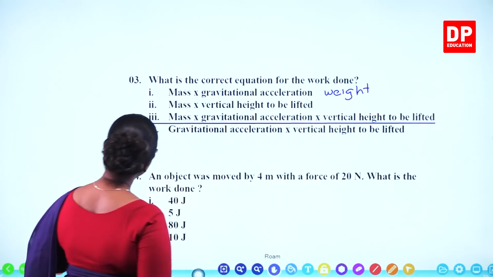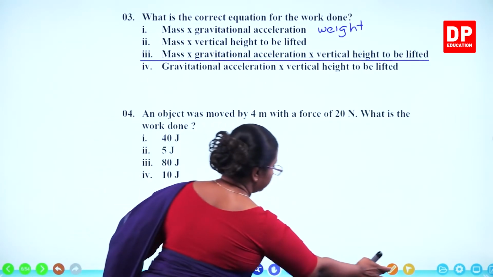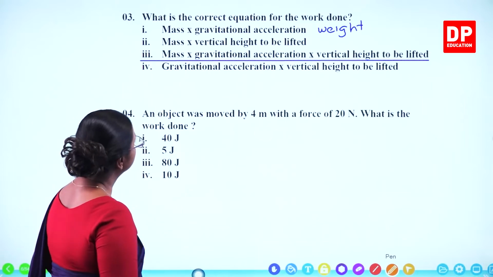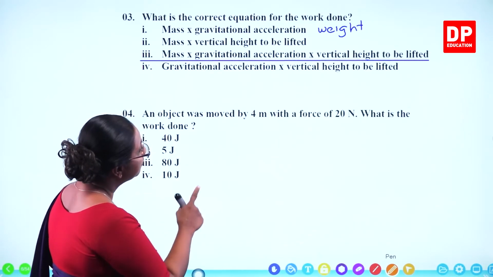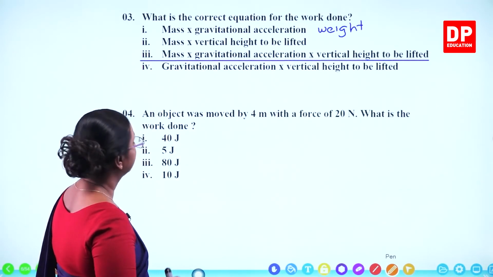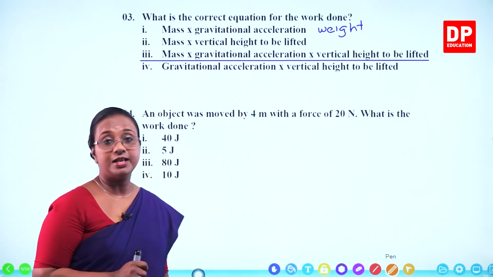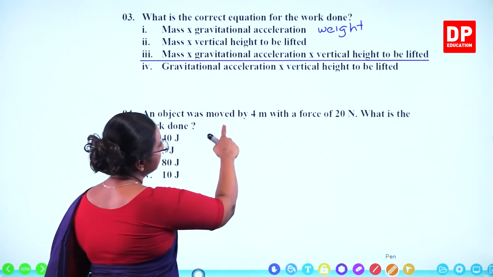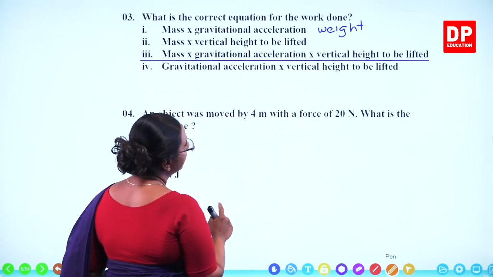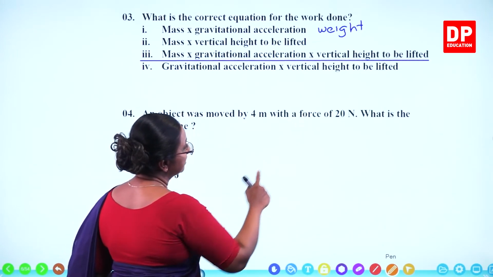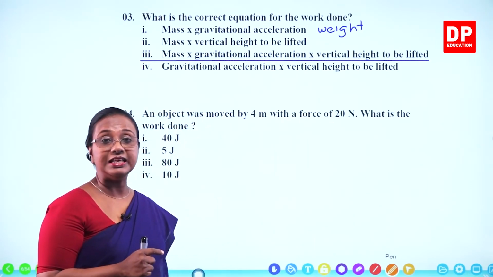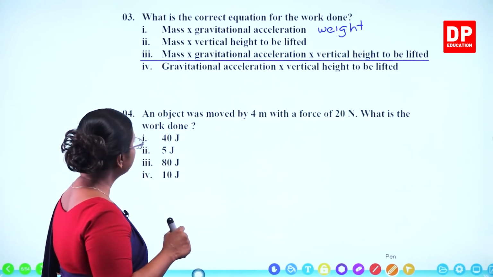Then the next one. An object was moved by 4 meters with a force of 20 Newton. What is the work done? So here the distance moved by the object is given, 4 meters. Force is given, 20 Newton. You can remember that, students.